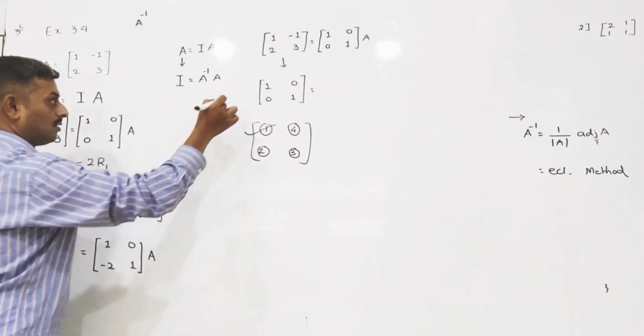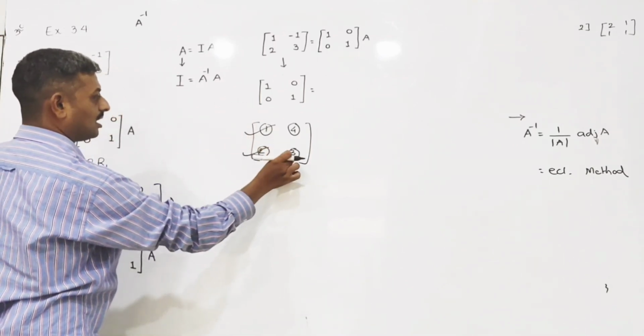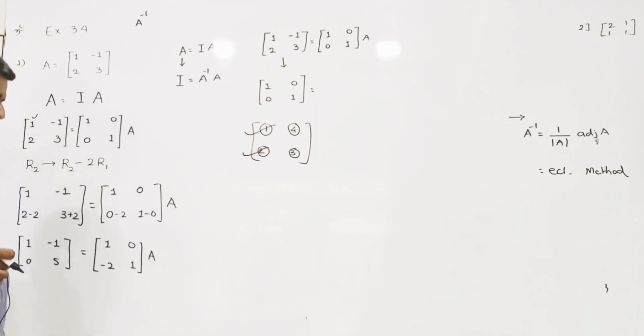Now 1 is here and 0 has come. Now it is the third step. In the third step I want 1 here. So what do I have to do?